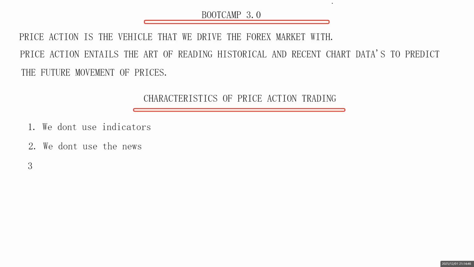It's important to note, number three, that it is chart structure based. Chart structure is the skeletal framework of price action trading. If you understand chart structure in its entirety, and when we talk about chart structure, we also talk about fractals, structure circles, stuff like that.